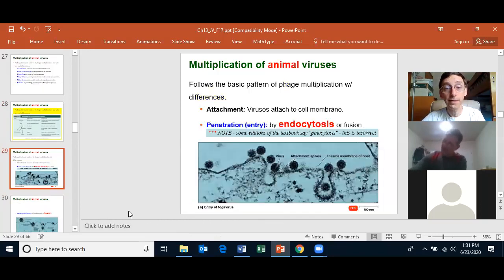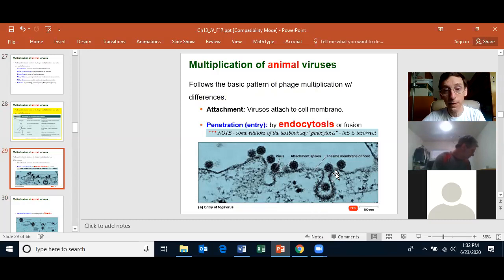There is a difference in how the virus attaches to the cell and then enters the cell. With animal viruses, they attach by endocytosis. When the virus attaches to the cell, it causes the cell to invaginate at that region, and the invagination grows, and then this breaks into the cytoplasm as a vesicle.